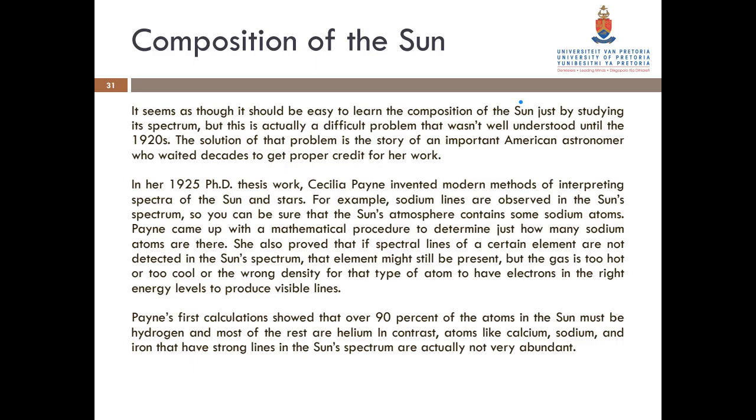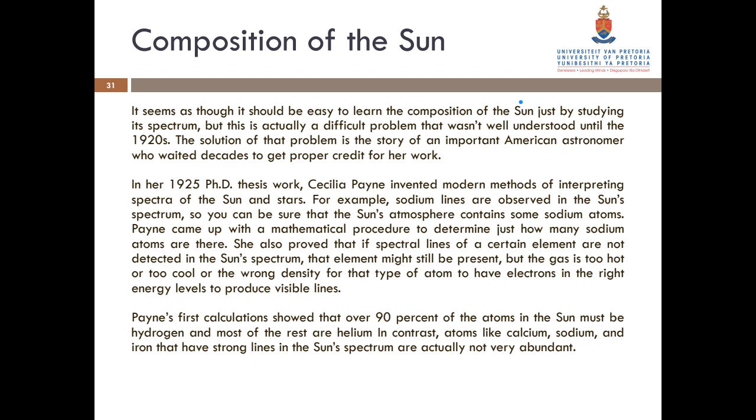She also proved that if spectral lines of a certain element are not detected in the Sun's spectrum, that element might still be present, but the gas is too hot or too cool or the wrong density for the type of atom to have electrons in the right energy levels to produce visible lines.